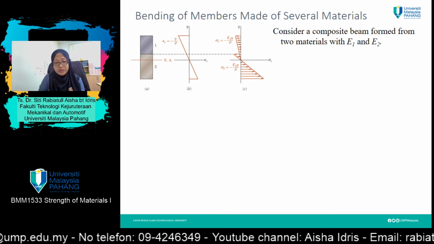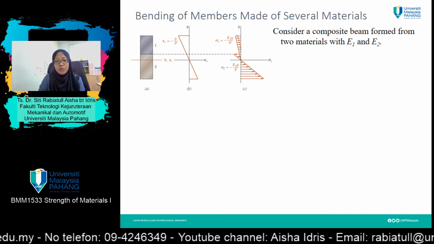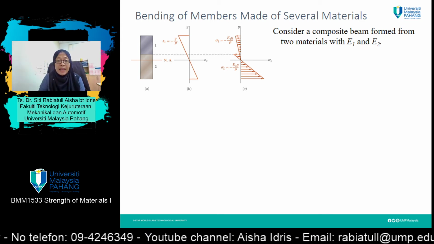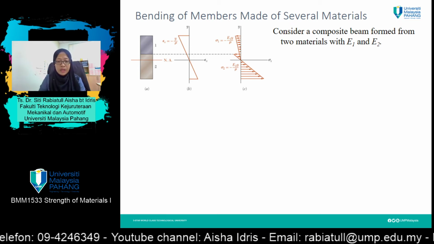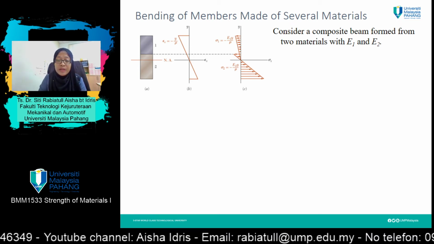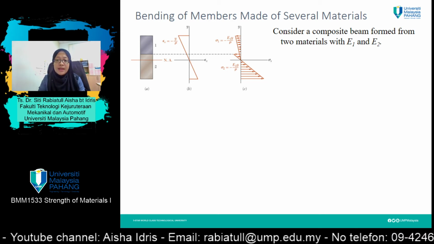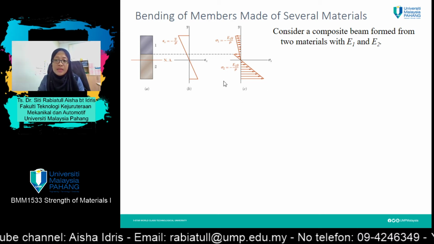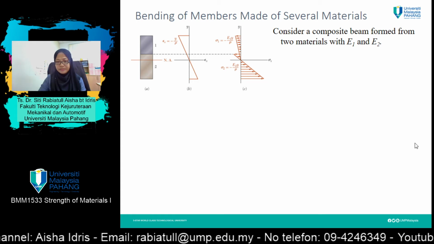Whenever we refer to different types of materials, obviously they will have different properties, and at the same time they will suffer different stress distributions, like shown in figure C here.